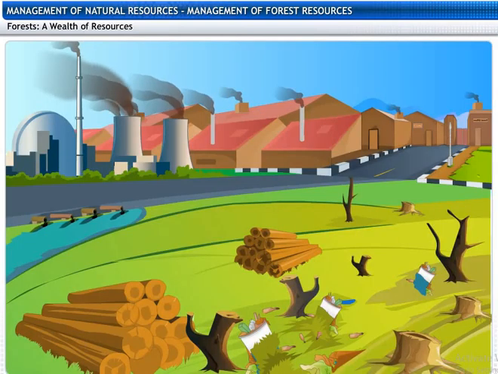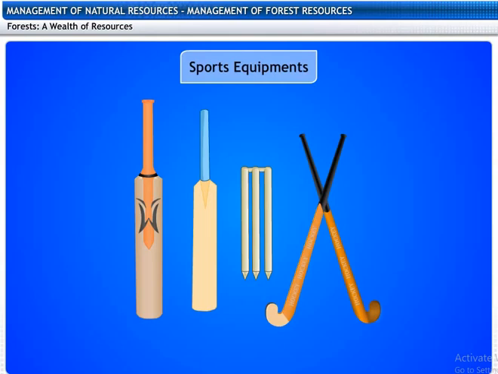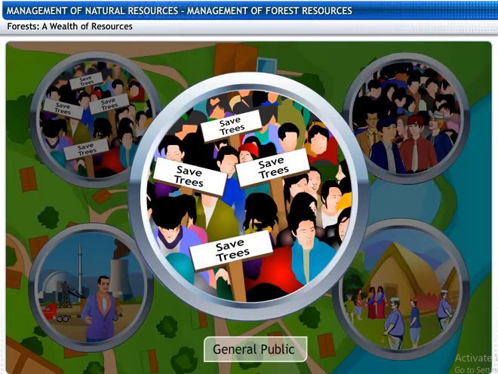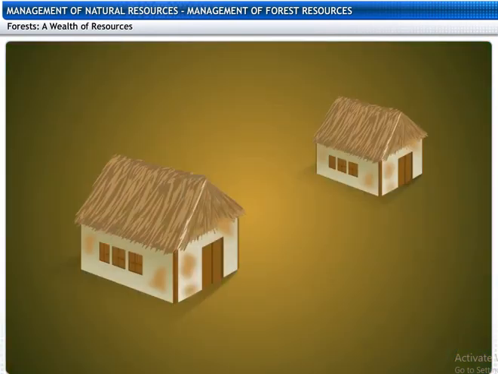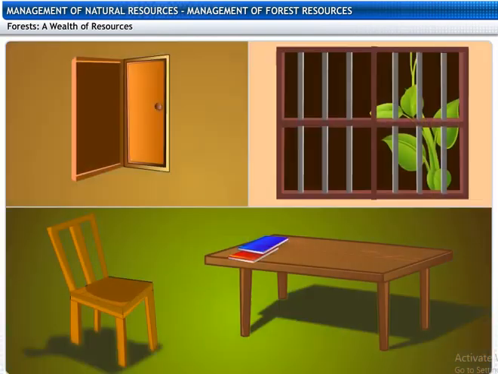Nature and wildlife enthusiasts, who are in no way dependent on the forests, help to conserve resources. They mainly concentrate on large animals like lions, tigers, elephants, and rhinoceroses.